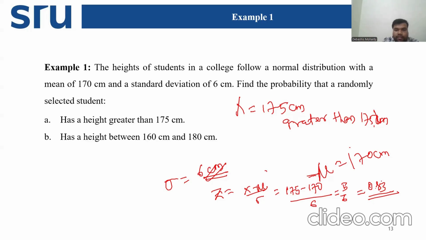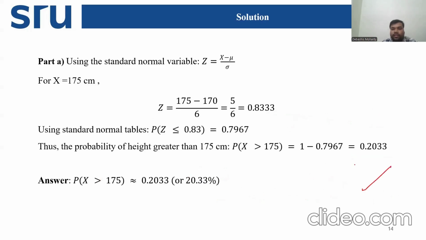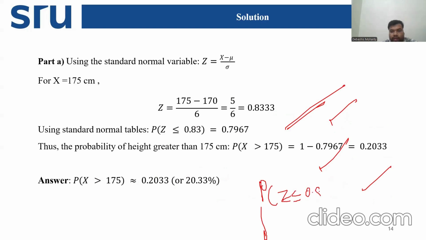Let's see the solution. Here this value is 0.8333. Now we need the probability of Z less than or equal to 0.83. Using the table, we get 0.7967.